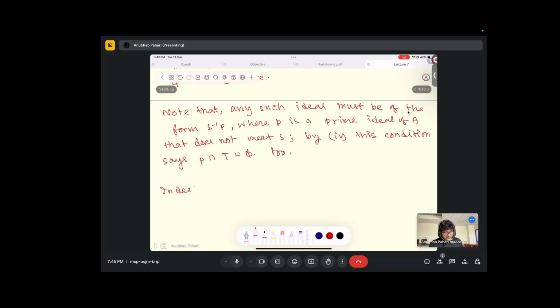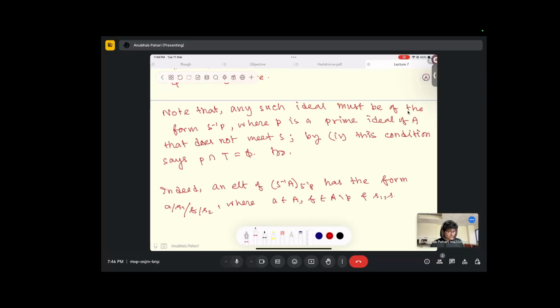Indeed, an element of S inverse A, S inverse P has the form a by s1 by f by s2, where a belongs to A, f belongs to A minus P, and s1, s2 is right.